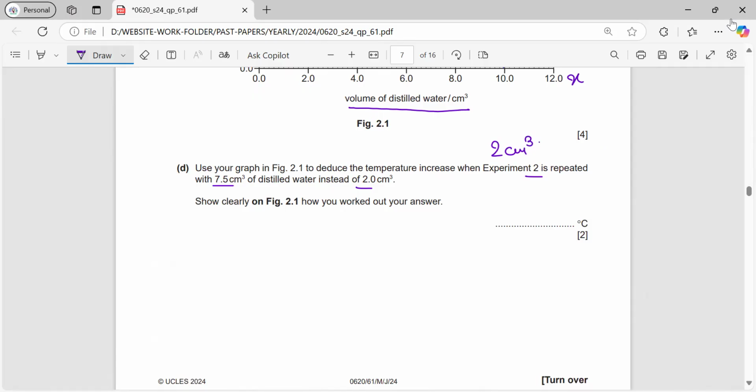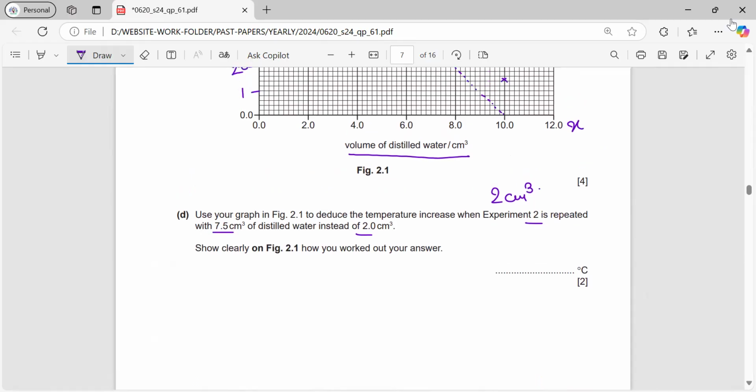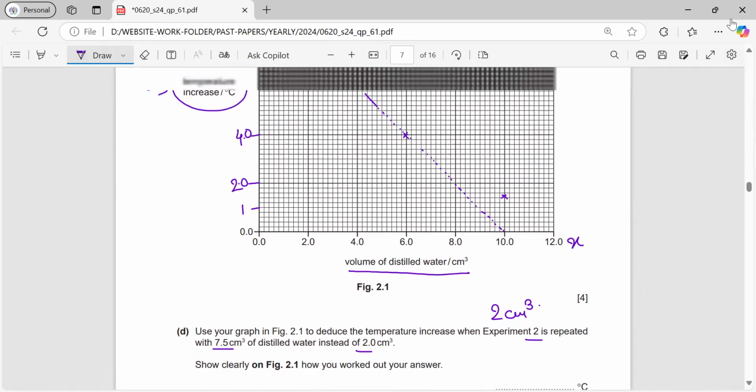Instead of 2, if this experiment is repeated with 7.5 centimeter cube, how much temperature change will there be? Show your working on the graph. So for 7.5, here we have 7, and the 7.5 will be somewhere in the middle of it.